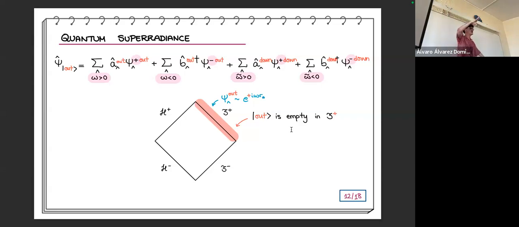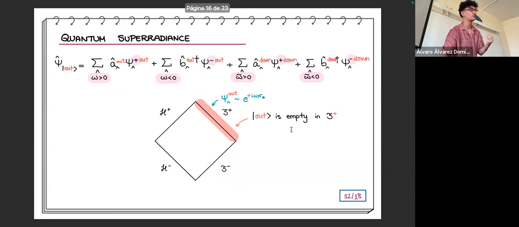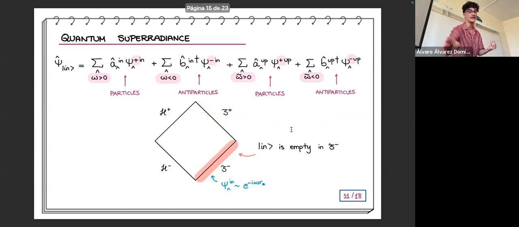Okay, so what was our objective? Our objective was to discover that we have particle creation in this setting. A strategy to discover this is to start with the in quantum vacuum and compare it with the out quantum vacuum. The in quantum vacuum is empty in a square minus.